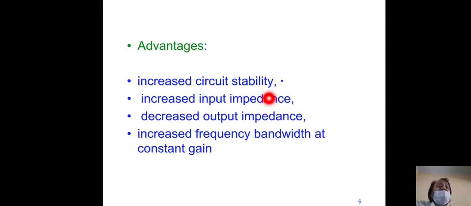Input impedance is very high, infinite, and output impedance equal to 0, very low. It also increases the frequency bandwidth at constant gain. These are the advantages of operational amplifiers.